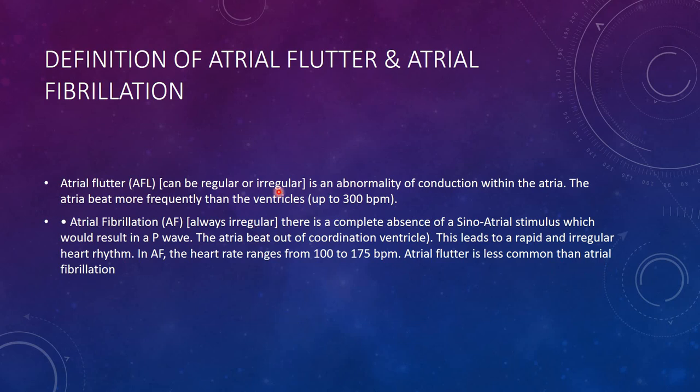In atrial flutter, there is abnormality in the conduction within the atria, and atrial fibrillation is an irregularity in the heart rhythm. Atrial flutter may be regular or irregular, but atrial fibrillation is always irregular in nature. This way, the different types of cardiac arrhythmias have been explained.